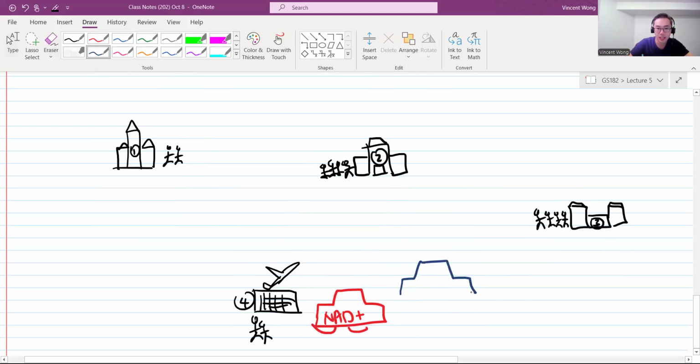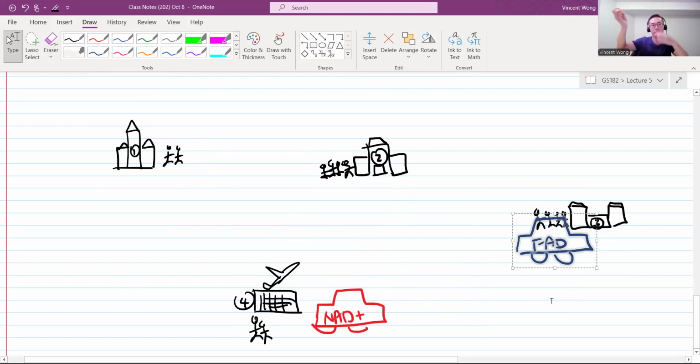Same thing with the other guy, right? The other is the FAD. So FAD is empty. It can go and pick up passengers and it becomes FADH2. So essentially you have two shuttling services here, the red car and the blue car.